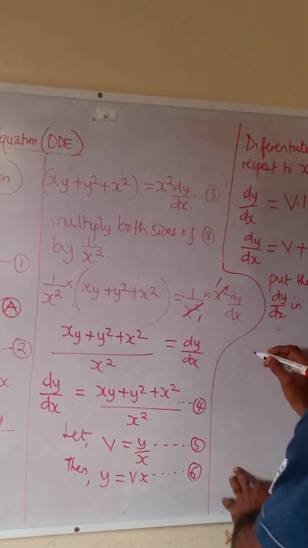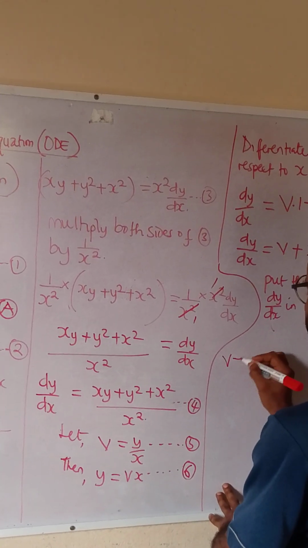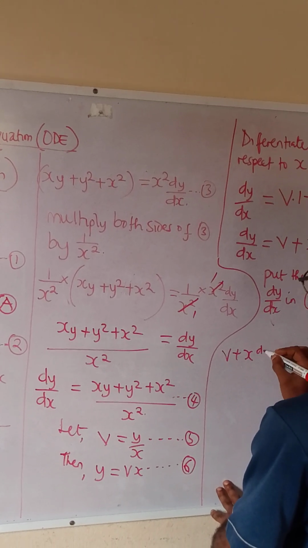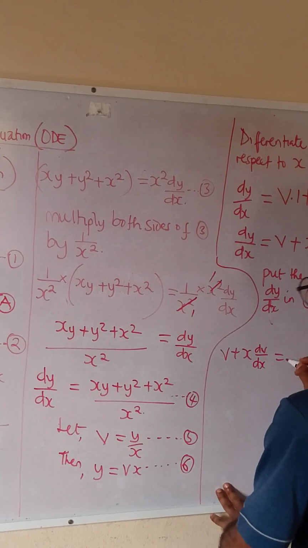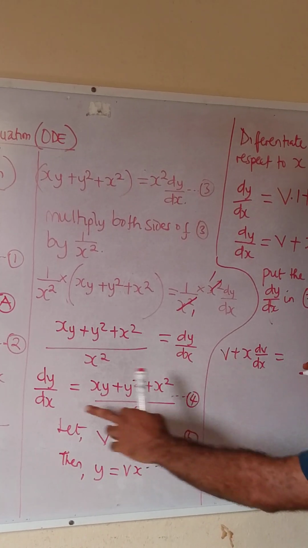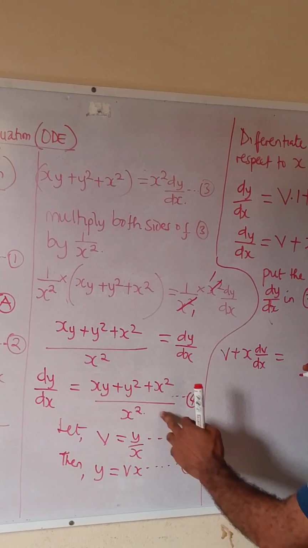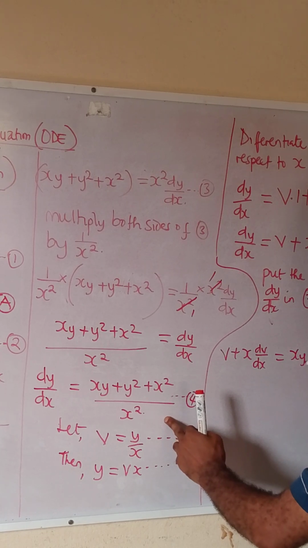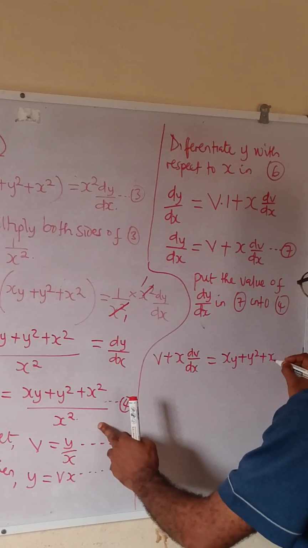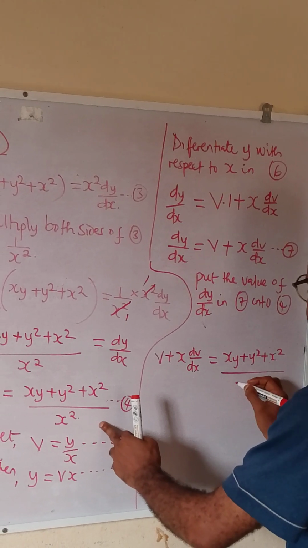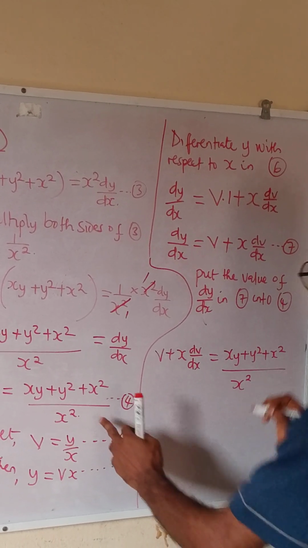so that our new equation becomes v plus x dv/dx will be equal to xy plus y squared plus x squared, divided by x squared.